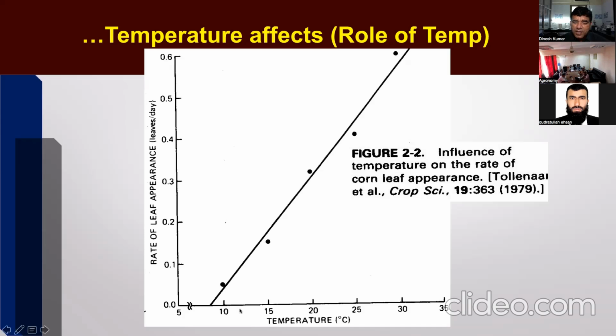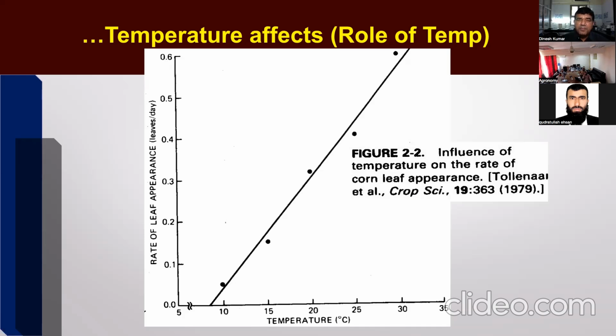As the temperature increases from 10 degrees centigrade, at 10 degrees you can see the number of leaves was about 0.05. As you increase the temperature to 15 degrees centigrade, the number of leaves increased, and then at 20, 25, 30. At 30 degrees centigrade, you get a higher leaf number.